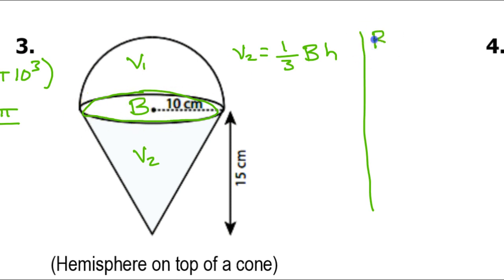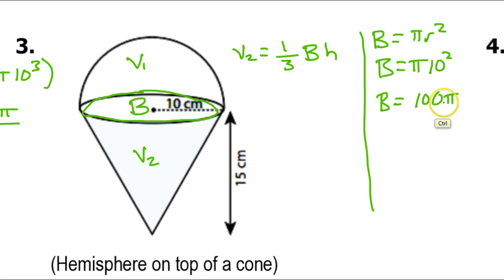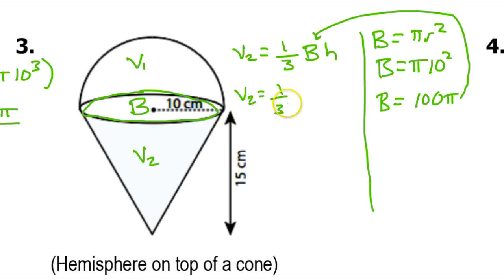So the area of a circle is pi r squared, right? So the area of this base is going to be pi times 10 squared. So that's 100 pi. That's the area of the base. So I'm going to take that and put it in the formula right there. So that means that volume 2 is going to be 1/3 the area of the base times the height. The height of the cone is 15.